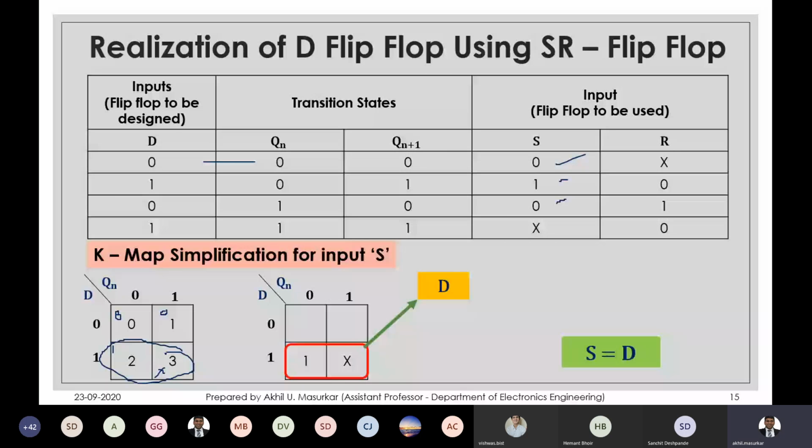And similarly, you can do it for R. So in the first case, you'll get R, then I think you'll get 1. Come on, do it.